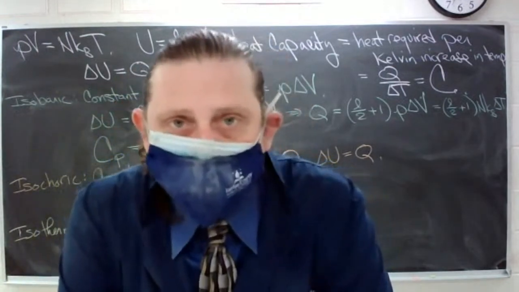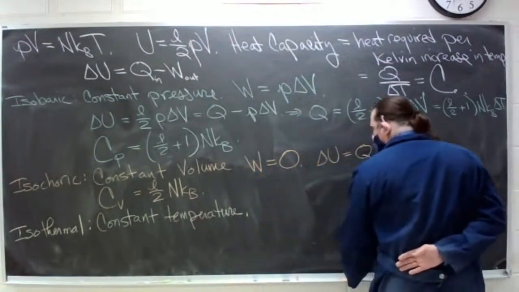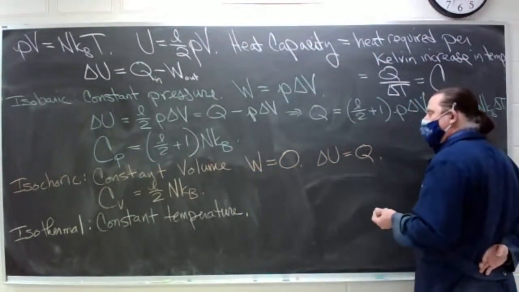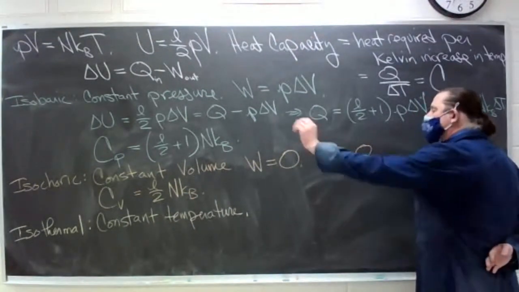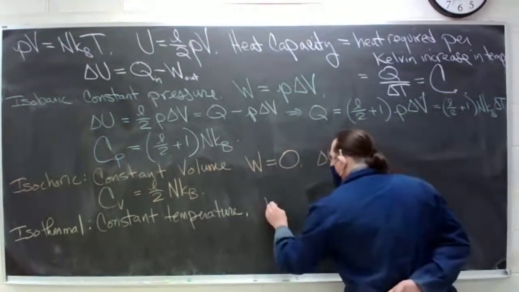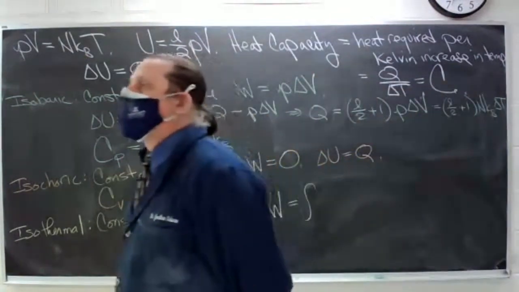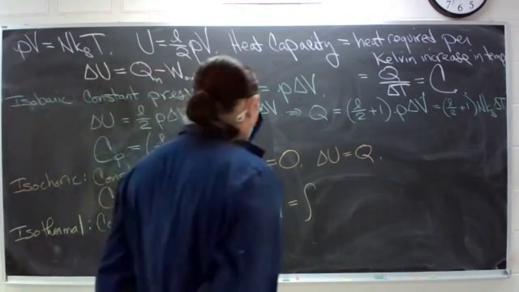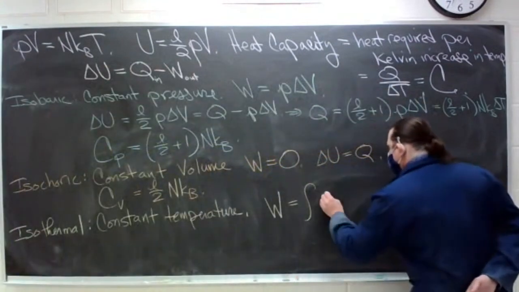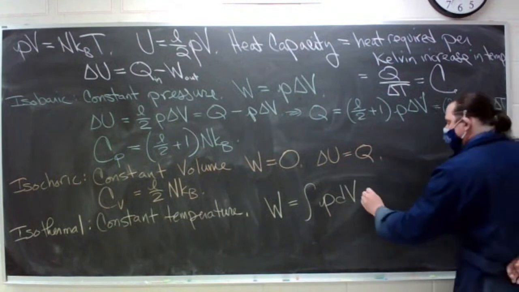So I have to only use this expression for infinitesimal changes in the volume. So I could say the work in an isothermal expansion is equal to the integral of the pressure times the change in volume.